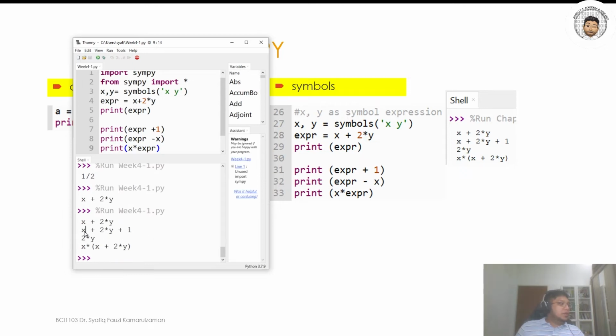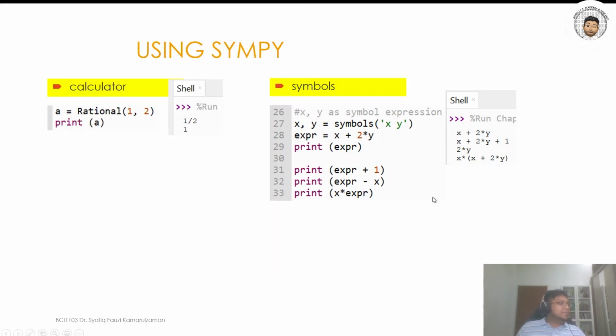For plus 1, you get x plus 2 times y plus 1, and then you have 2 times y here, because you deduct with minus x, you got 2 times y, and here you got x times x plus 2 times y. So you calculate the algebraic equation immediately for you to understand. It's really quite useful.